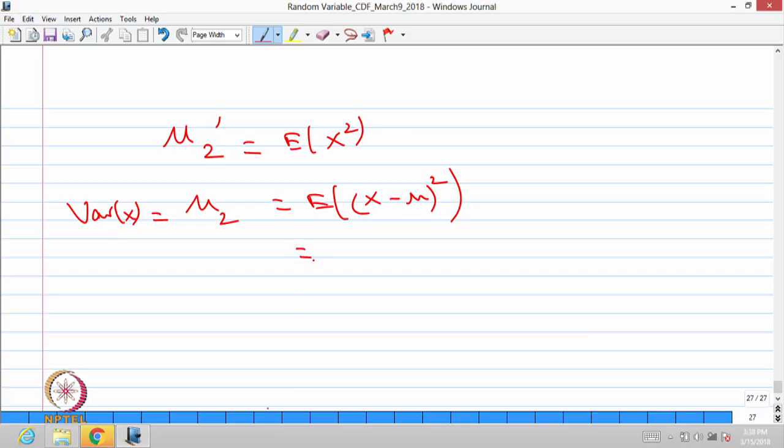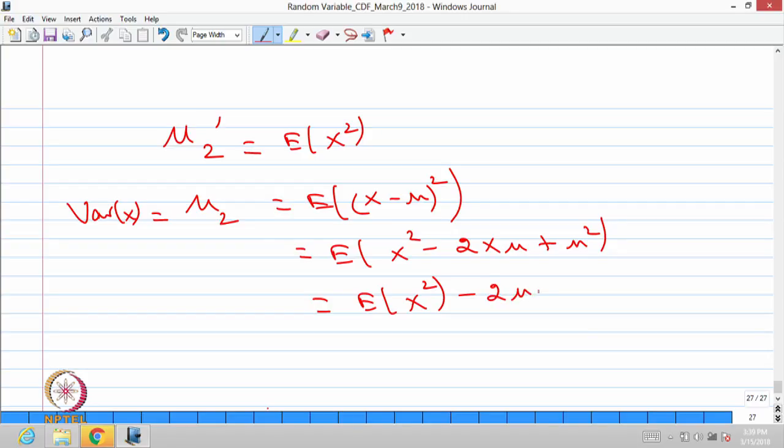So, the expectation of x minus mu whole square, if you expand, that is expectation of x square minus 2x mu plus mu square. Expectation is a linear operator. So, it is expectation of x square minus 2 and mu are constant. So, it is expectation of x, and mu is a constant. So, mu square constant, expectation of mu square, that is mu square. So, when you simplify, you will get expectation of x square minus 2 mu into mu, therefore 2 mu square plus mu square.